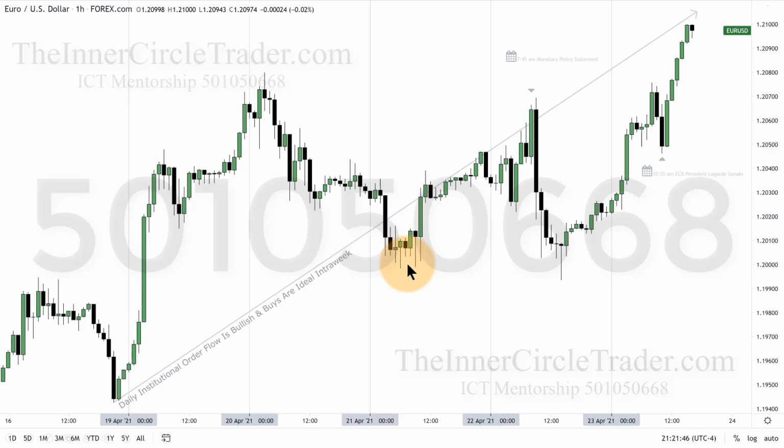Now, it's come down, yes, into this imbalance, but think about what I was showing you earlier as it relates to the hierarchy of the imbalance. The daily fair value gap has the most significant impact on price, not this really big, clear, obvious 1 hour buy side imbalance, sell side inefficiency. So it's come down into that daily fair value gap, and then it starts to rally here.